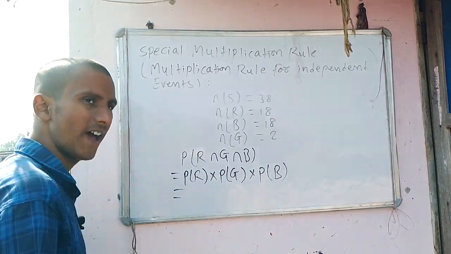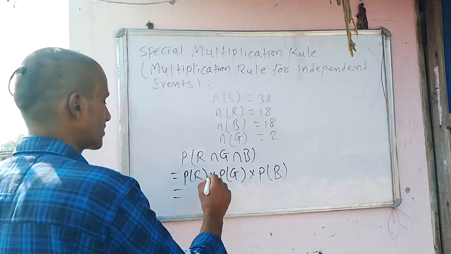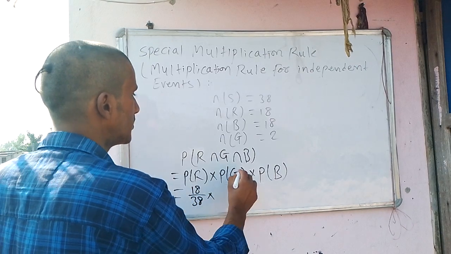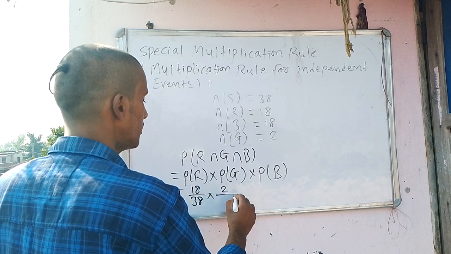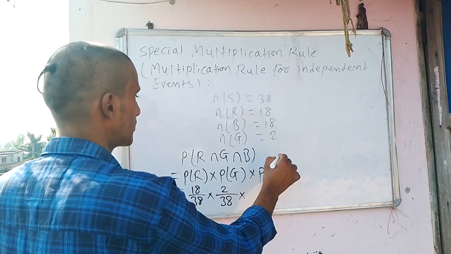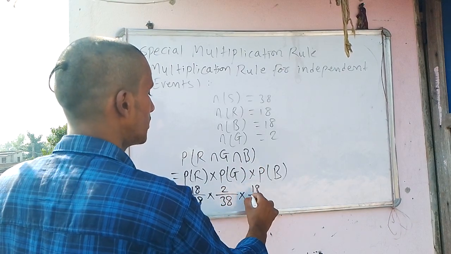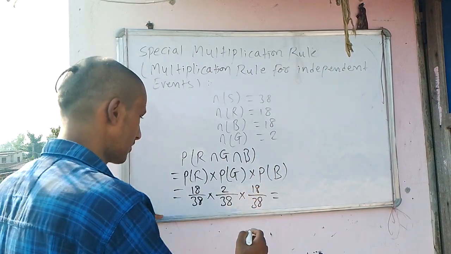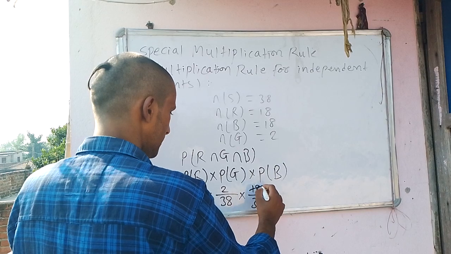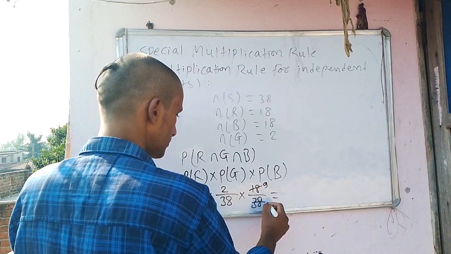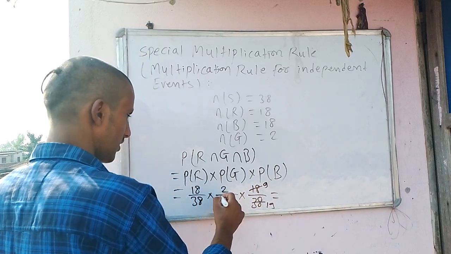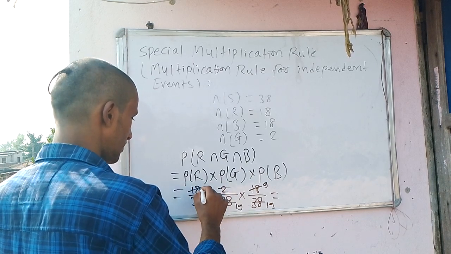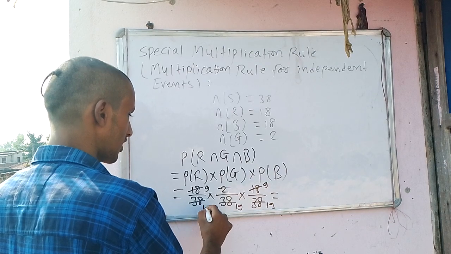The probability of red is 18 over 38, times the probability of G, 2 over 38, times the probability of B, 18 over 38. If you simplify this, I can write it as 9 over 19 and so on.